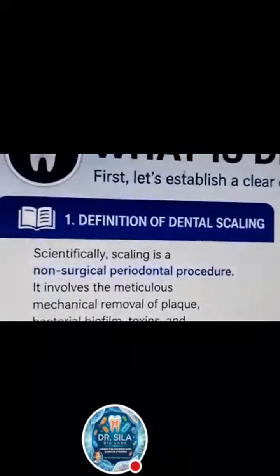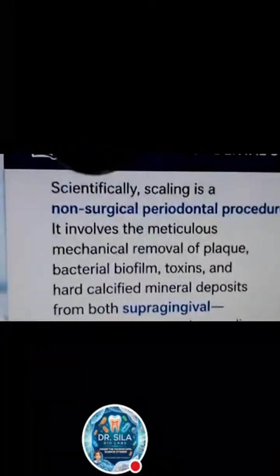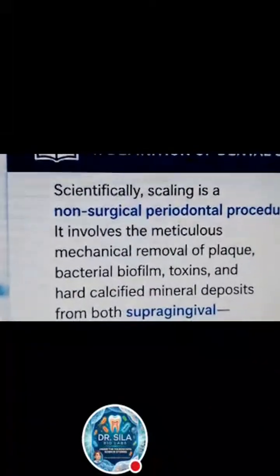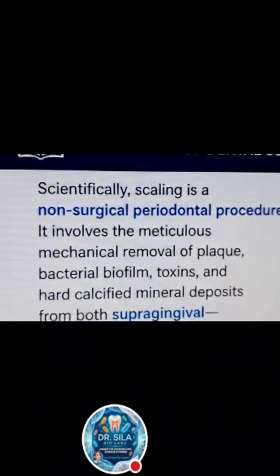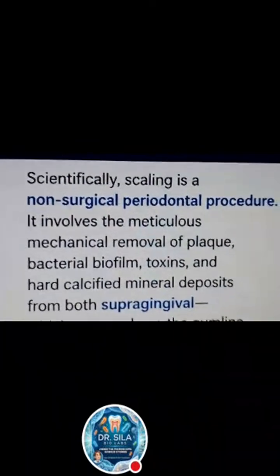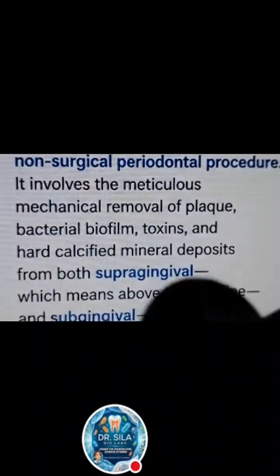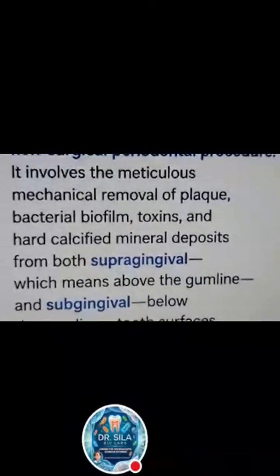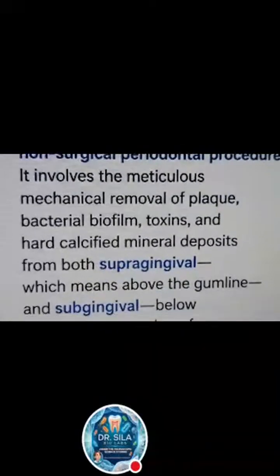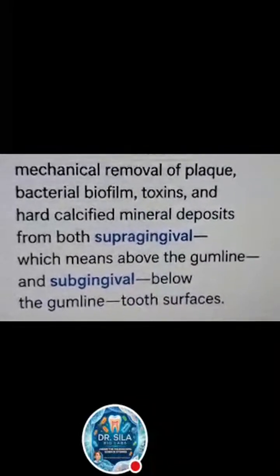So what actually is dental scaling? Scientifically, dental scaling is a non-surgical periodontal procedure. It involves meticulous mechanical removal of plaque, bacterial biofilm toxins, and hard calcified minerals deposited from both supragingival, which means above the gum line, and subgingival, below the gum line.